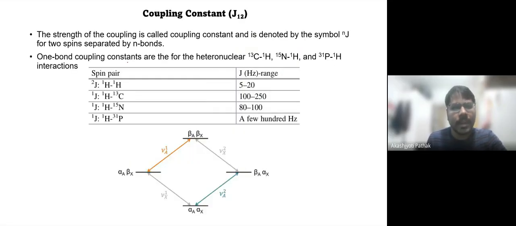One-bond coupling constants are for heteronuclear cases: C13 and H, N15 and H, P31 and H, each pair being different. For each of these pairs, you have a different J coupling constant. For proton-proton, the J coupling constant lies in the range of 5 to 20 hertz. For carbon-13 and proton, it is around 100 to 250 hertz. For N15 and proton, it is 80 to 100 hertz. For P31 and proton, it is a few hundred hertz.